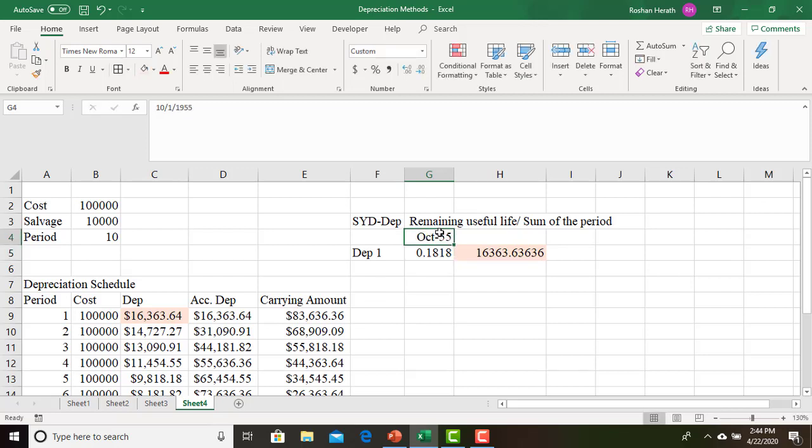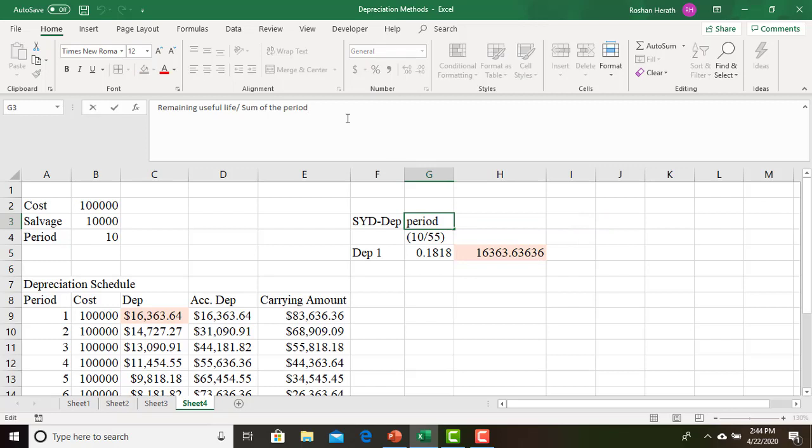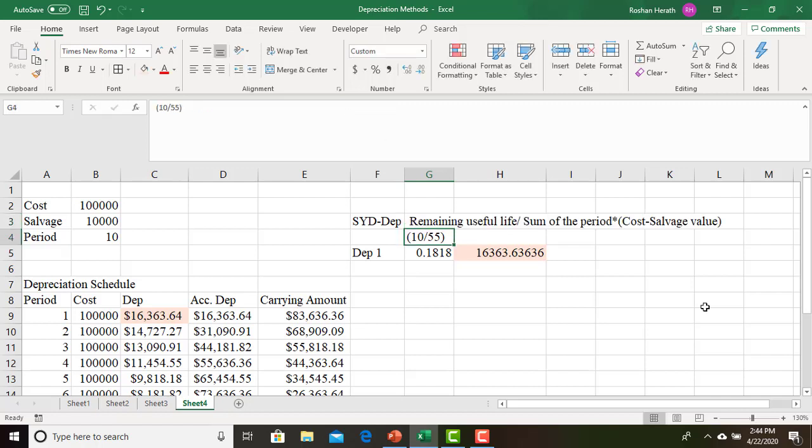That gives you 0.1818. Then you multiply this by cost minus salvage value. So this is how it would have been done in the manual way.